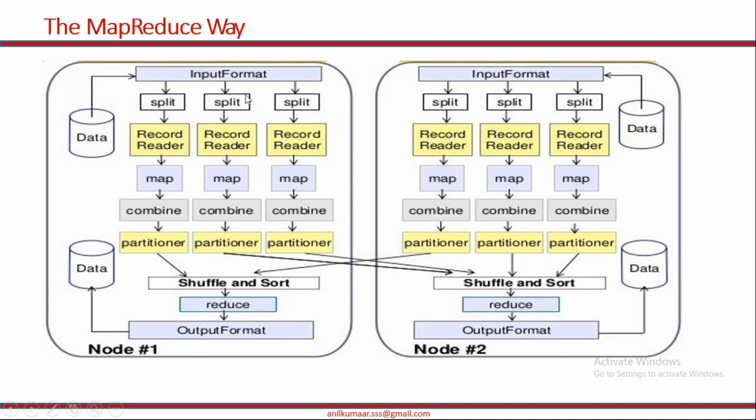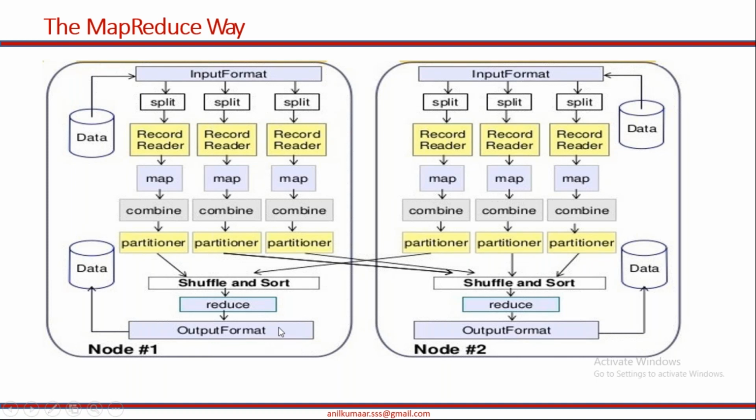Once the splits have happened, your RecordReader will get involved, and this guy will prepare the initial key value pairs for the mappers. Then of course shuffle and sort, because your data is distributed to multiple nodes. So shuffling and sorting happens, and after that it reaches the reducer, and of course in this diagram it is not shown, then once again you will have a RecordWriter before reaching the OutputFormat.